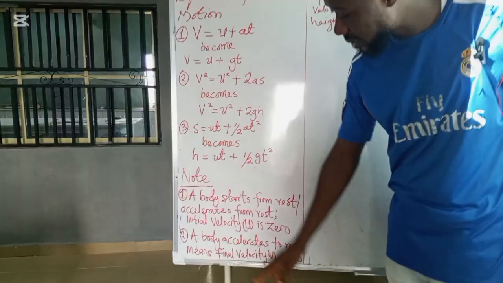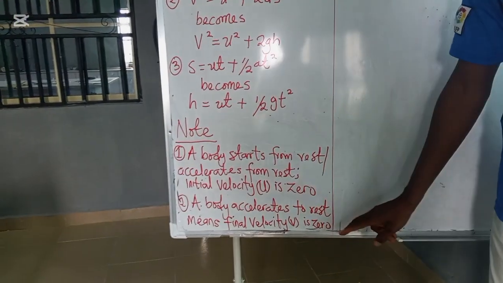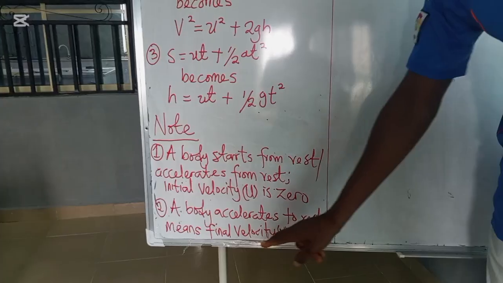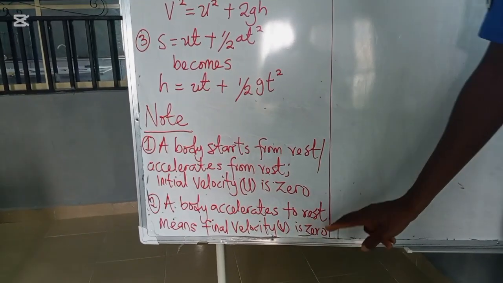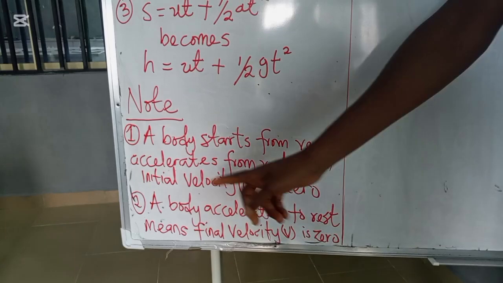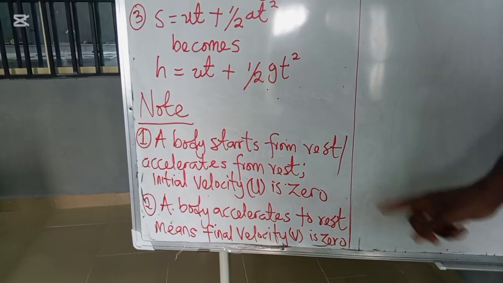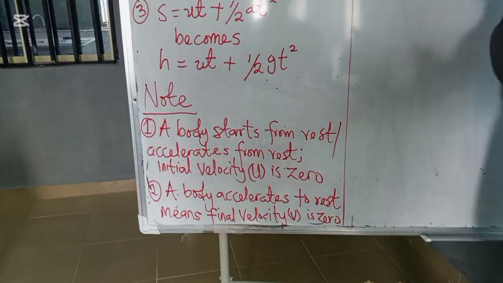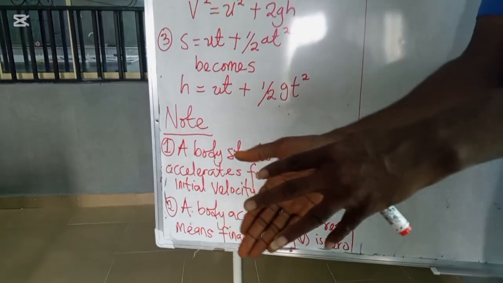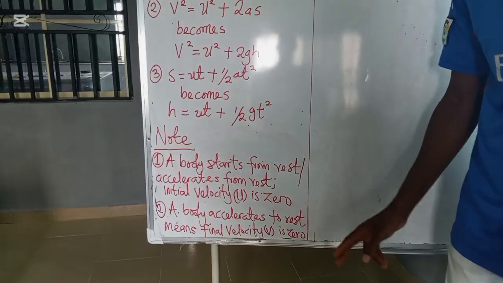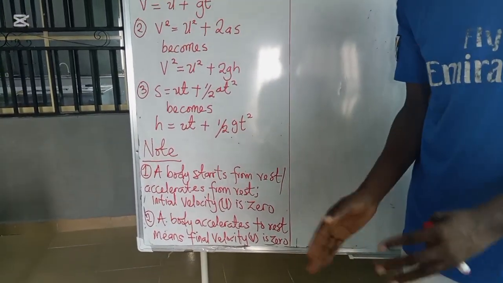Number two says a body accelerates to rest means the final velocity is zero. It's very important to take note of that. When a car is moving and later comes to park, the moment that car is parked, the final velocity is zero.